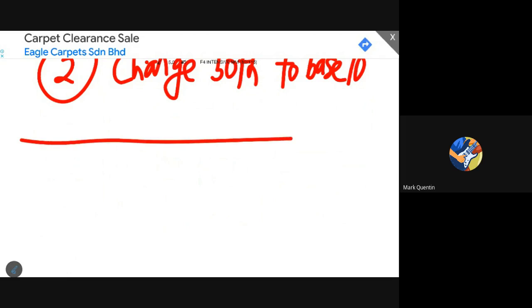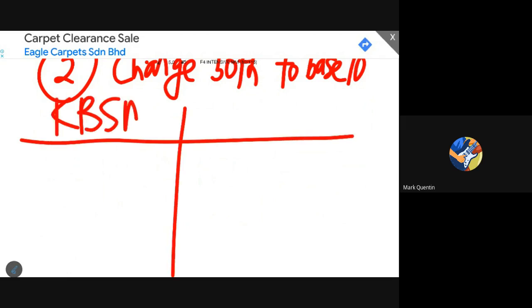KBSM and KSSM, syllabus ni ada banyak perbezaan tentang bab ni. Do you all know the difference guys? Adakah cikgu bagi tahu kamu dalam bab ni KBSM guna asas apa, KSSM guna asas apa? No. Did your teacher tell KBSM what base they all use and KSSM? No. Wow. Okay.